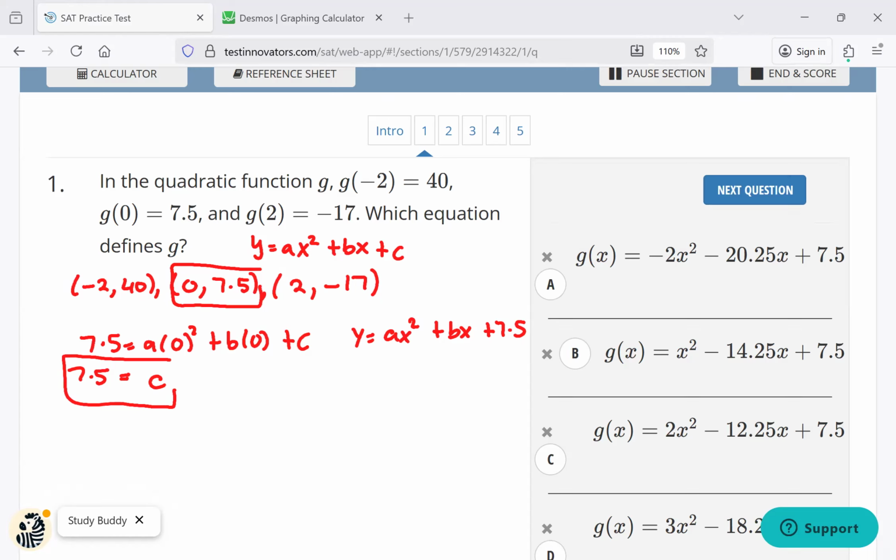So the next thing you're going to do is plug in another point. So if I plug in this point, that means my y is 40, my x is negative 2 plus 7.5. Negative 2 squared is 4a, b times negative 2 is negative 2b plus 7.5.